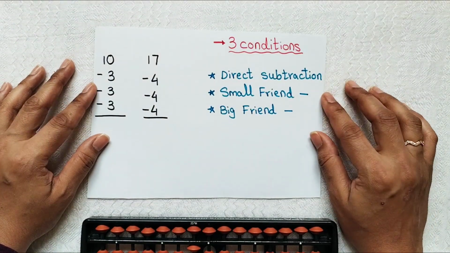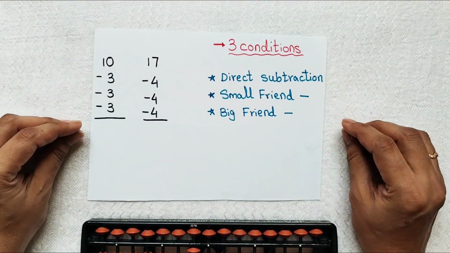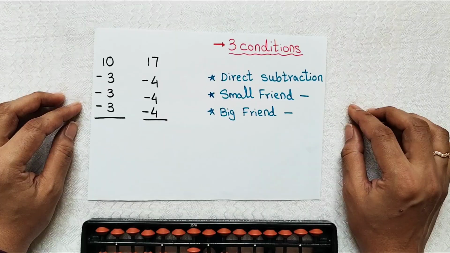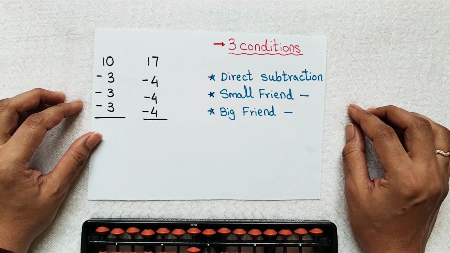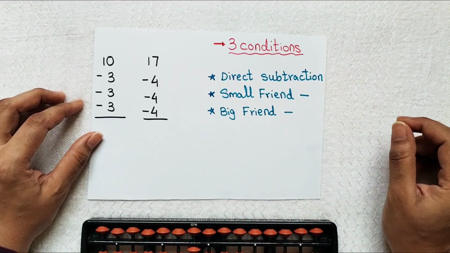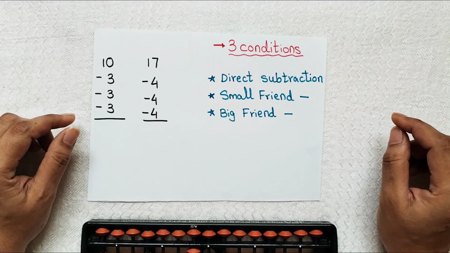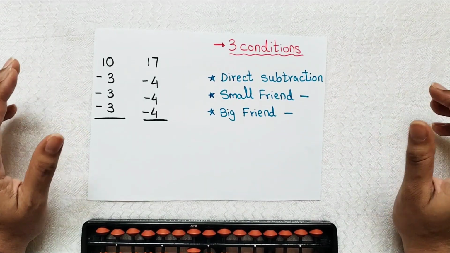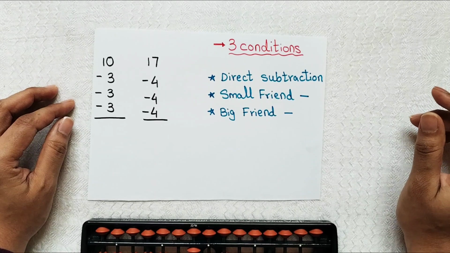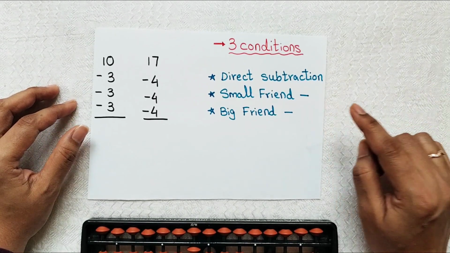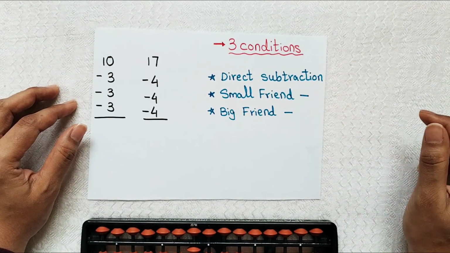So there are three conditions that we need to remember before solving them. The first condition is direct subtraction. Always go for direct subtraction first. If direct subtraction is not possible, then you have to go for small friend subtraction.